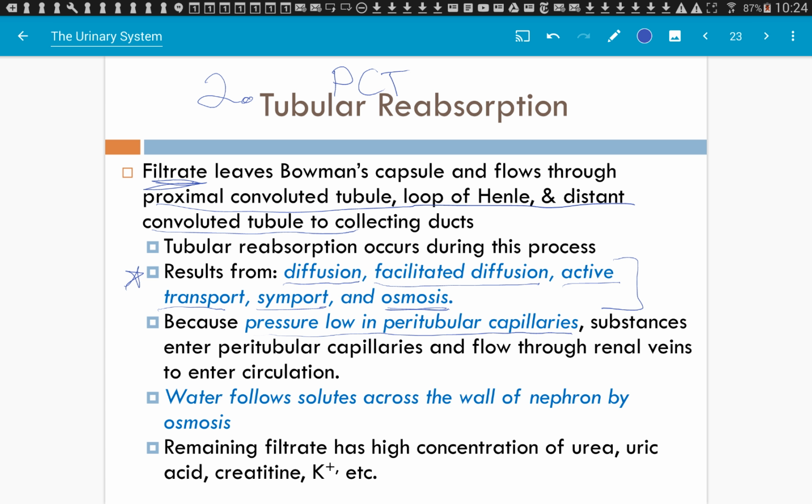So after a lot of tubular reabsorption of necessary things that you need to keep in your bloodstream, like ions and proteins and other important substances, what is left, you're going to have filtrate within your nephron with a high concentration of urea, uric acid, creatinine, potassium, and other ions, kind of depending on whether you're trying to conserve water or get rid of extra water. You may have more sodium ions, for example.